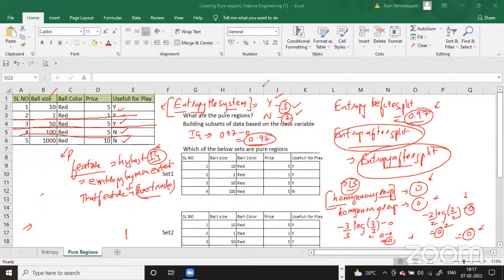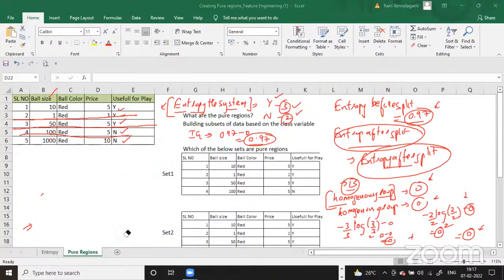No need of doing any manual calculations in Python. All this is only for your explanation. To understand the concept, we have manually performed some calculations. But in Python, it is very straightforward. Simply say criteria is equal to entropy.